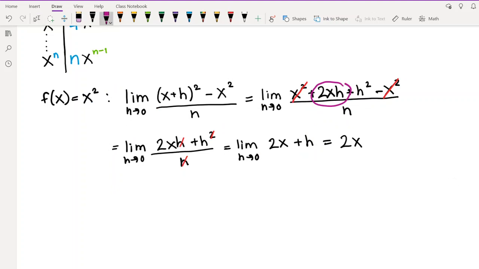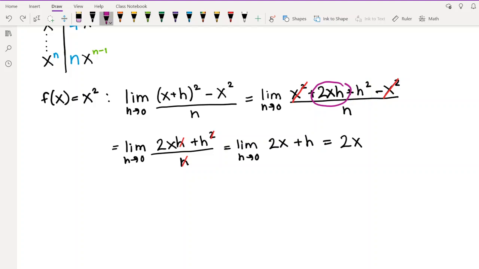And then this h squared, well, that doesn't cancel out, but because it was h squared, when we divided by h, we were still left with an h. Does that make sense? So we started with h squared, we canceled out the square part, and then we were still left with an h. And if you're still left with an h, then when you plug in 0, that part is also going to go away.